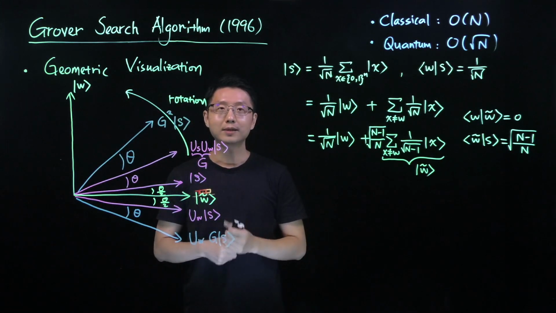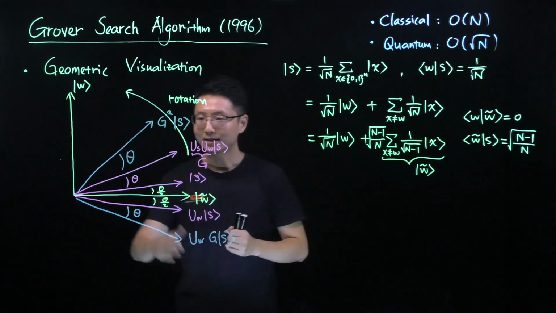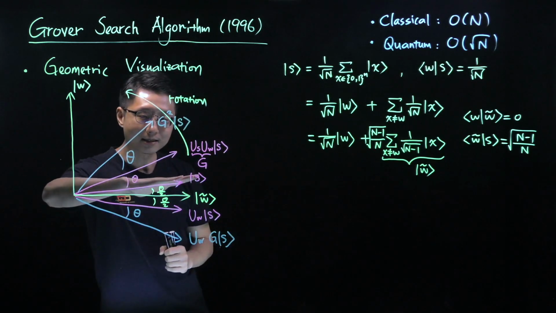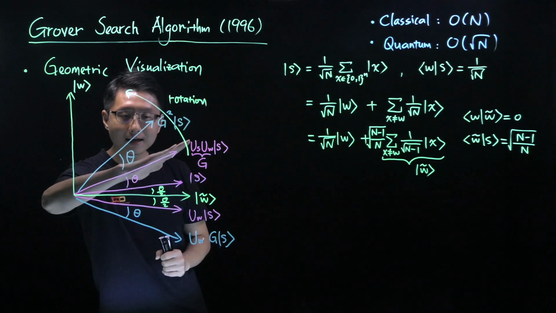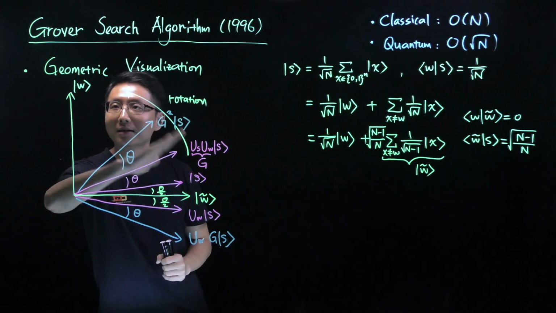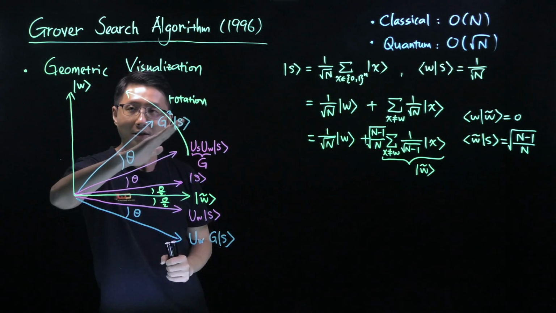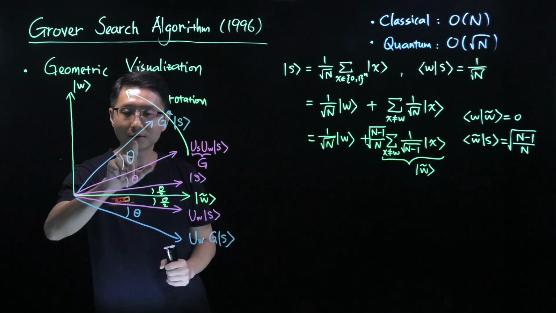Now, we can see from this geometric visualization that each iteration brings the state S an angle of theta closer to the W. So 2 iterations, this angle will become 2 theta.